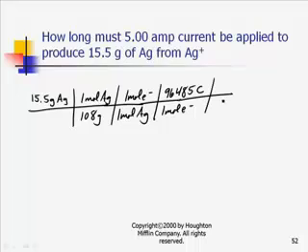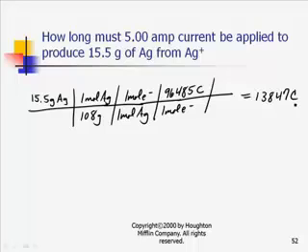So that would give me coulombs. Let's just stop there for a minute. That gives you 15.5 divided by 108 times 96,485. So I need 13,847 coulombs of charge that need to pass.